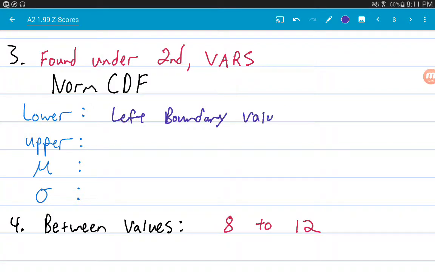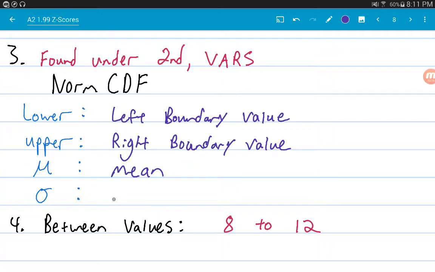The upper is your right boundary value. Mu is the mean, and that O thing is sigma, or the standard deviation. And all you should have to do is put in those 4 values, press enter twice, and it'll give you the answer.